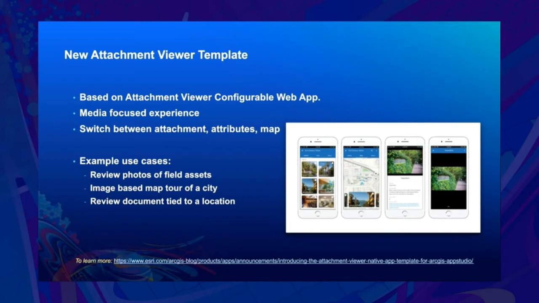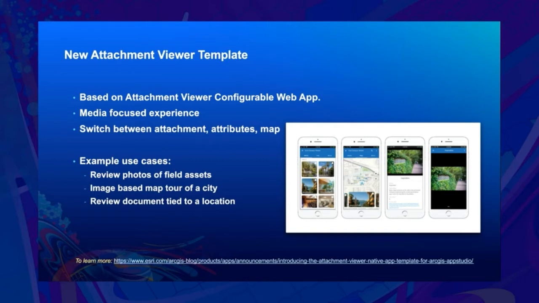The attachment viewer is a little bit different. It is media focused. It is for situations when you want to emphasize the data and more specifically the media attachment. This template provides a simple user experience to review media attachments, attribute information, and feature layer location in a map.